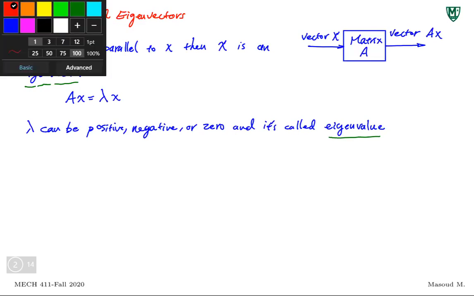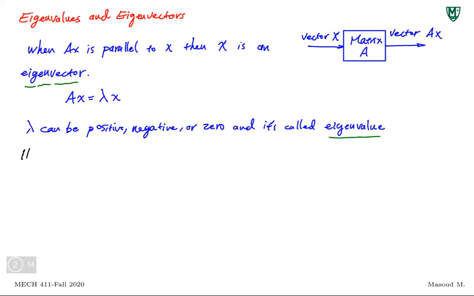Now, how do we find eigenvalues and eigenvectors? Or in this case, how can we find x and lambda?